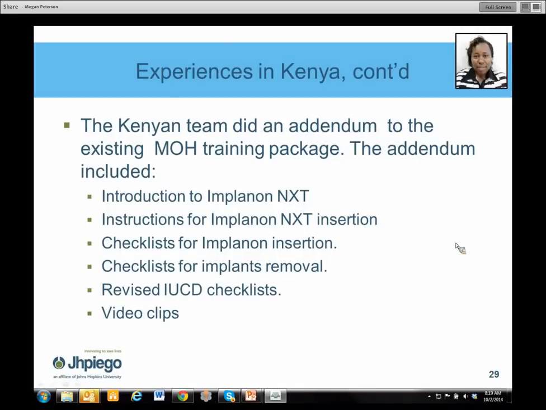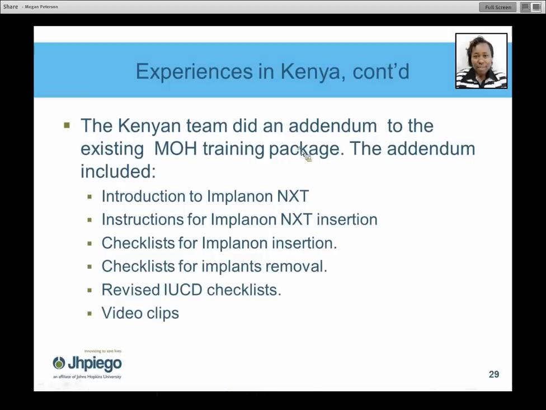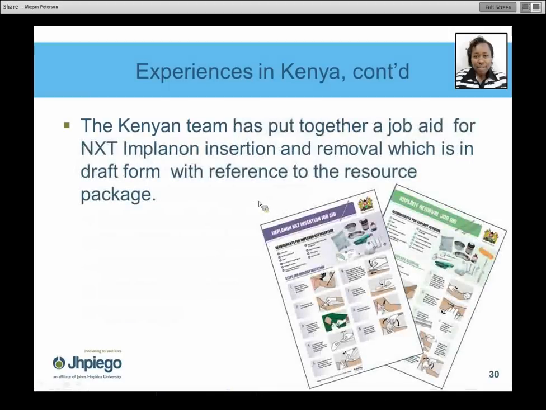In our Kenyan guideline, we also have the other long-acting reversible contraceptive method, the intrauterine contraceptive device. The checklist we did revise as the Kenyan team, and when we shared it with the MOH, we added it in the addendum, and then the video clips, which are not in our current Kenyan guidelines. So this has helped so that anybody using the material is able to do that.